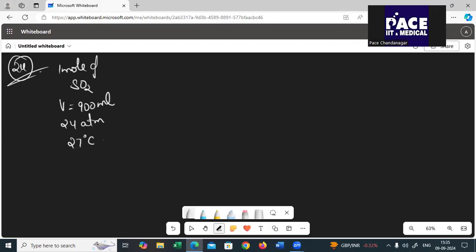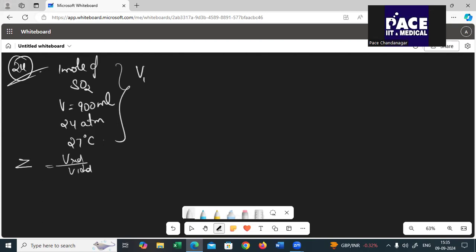Then the gas shows negative deviation, gas shows positive deviation, gas shows no deviation, cannot be determined. These are the options which have been asked, which means I want the Z value. Z is your V real by V ideal. So let us first bring out what is my Z value for this.